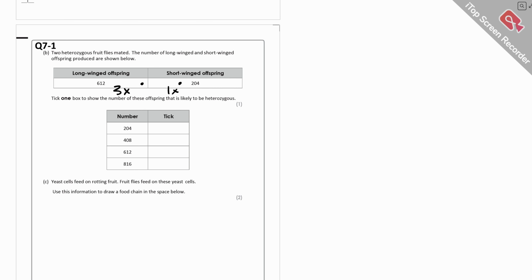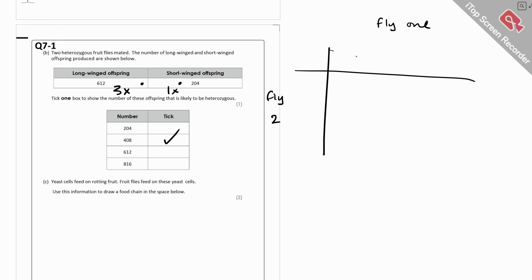Right, we're expecting, how many are we expecting? 408. This is what they're trying to say to you, yeah? So this is fly 1, fly 2. What's a good way of putting it?